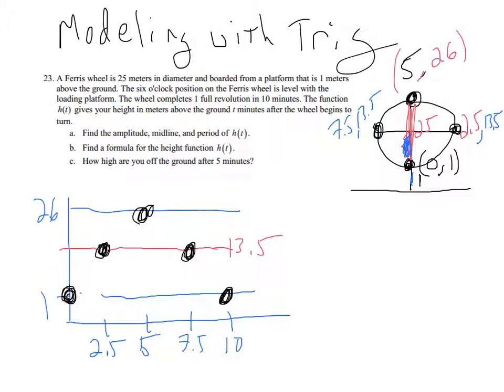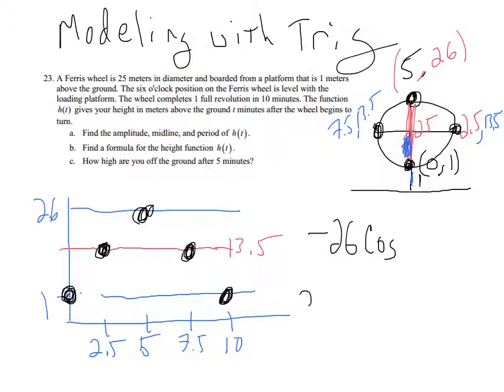Okay, so a couple things to keep in mind. This is 26, so the amplitude is 26. We know it's been reflected, so I'm going to write negative 26. I also know it's a cosine graph. I don't think it's been shifted left or right because we're right on that y-axis. So the only other thing we're going to worry about is the period. Well, it takes 10 minutes to repeat, so that's the period.